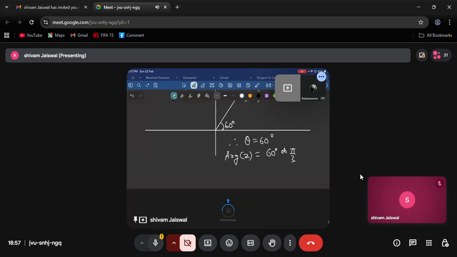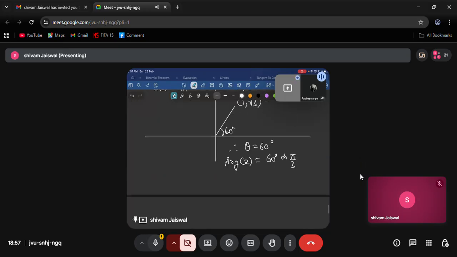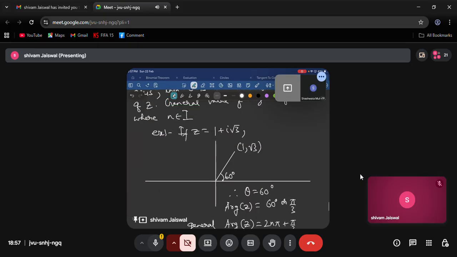Okay. And what is the general argument? General argument of z will be equal to 2n pi plus pi by 3. If there's anyone having any doubt, you can ask me now. Sir, can I scroll up? Yes, okay.